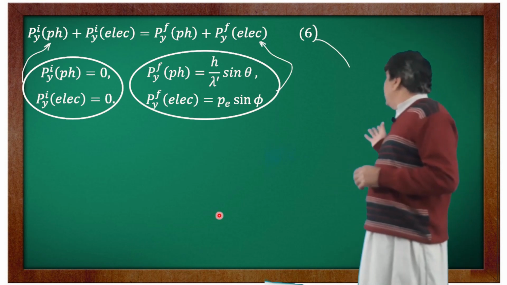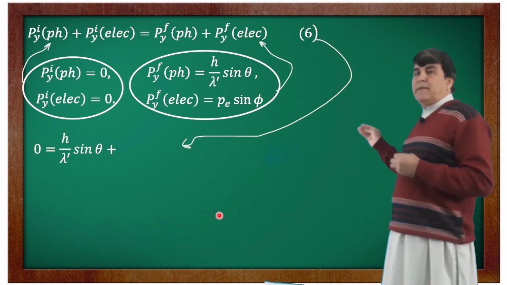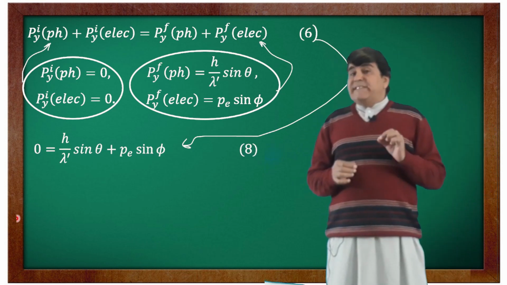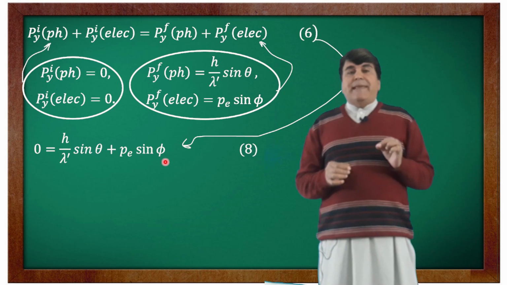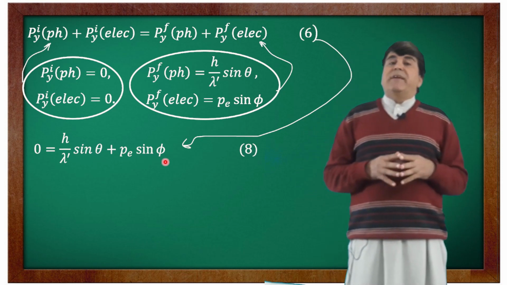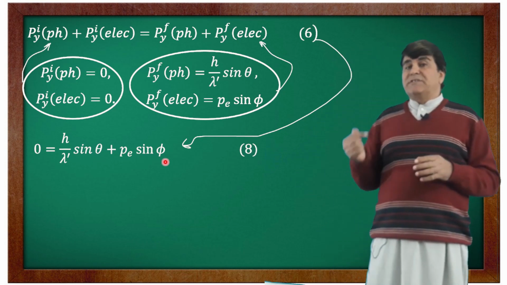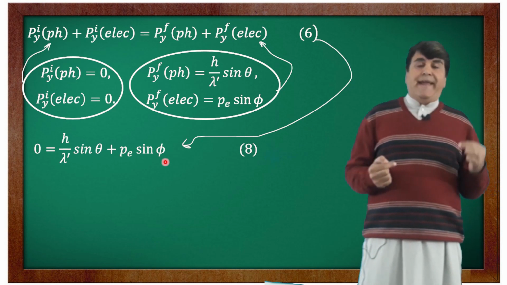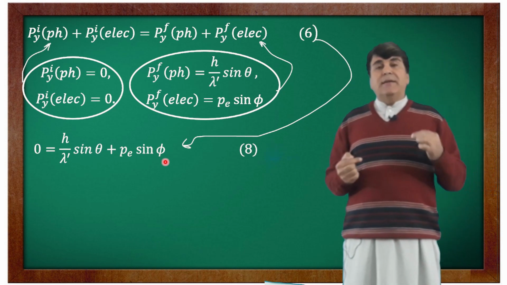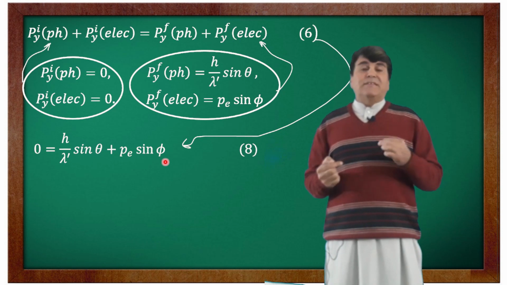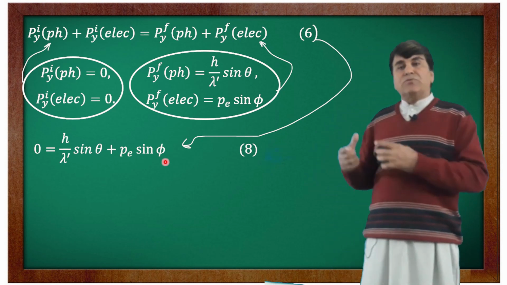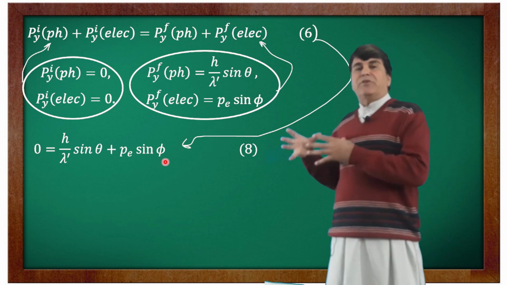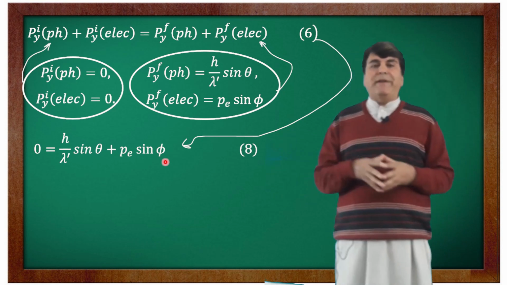And I'm denoting these results by 7 and 8. Now, the change in wavelength of the scattered photon can be obtained by solving equation 4, equation 7 and equation 8. That is, solving the equation obtained from the law of conservation of energy and the two equations from the components of the law of conservation of momentum.